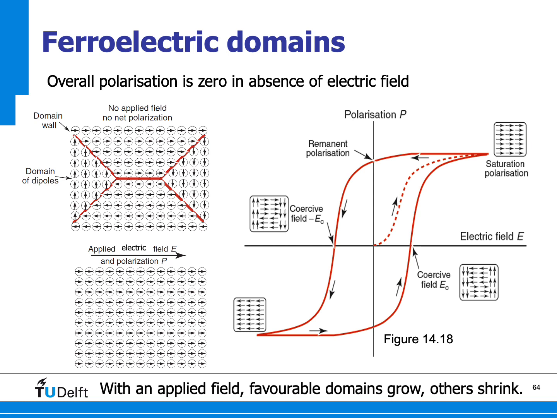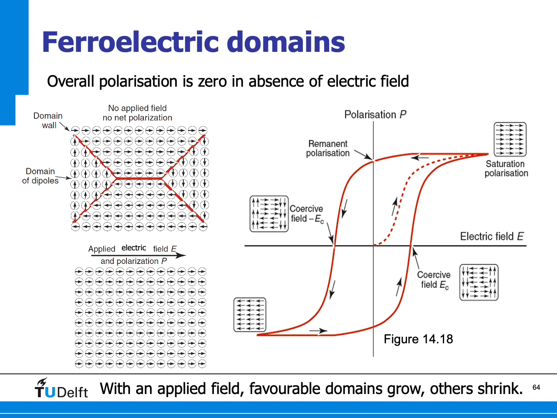Within one domain the dipoles are all in the same direction, and what you see here is what is called the domain wall.